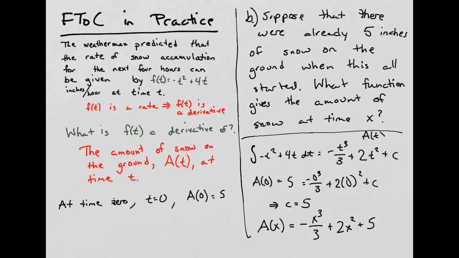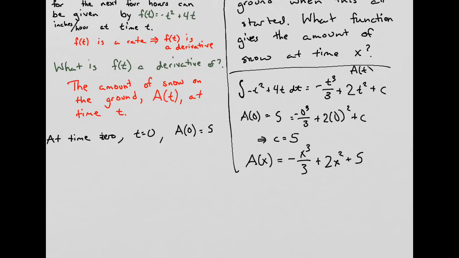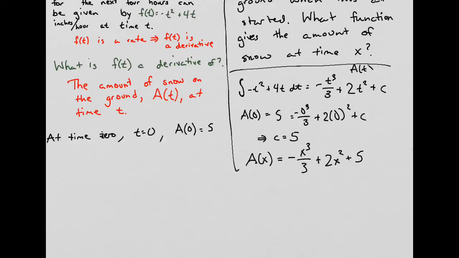And so what we can do is we could write what we just did as the antiderivative from time 0 to time x of this negative t squared plus 4t dt. And when you do that, you're going to end up with x here. And again, actually, I don't think I did a really good job of explaining that.